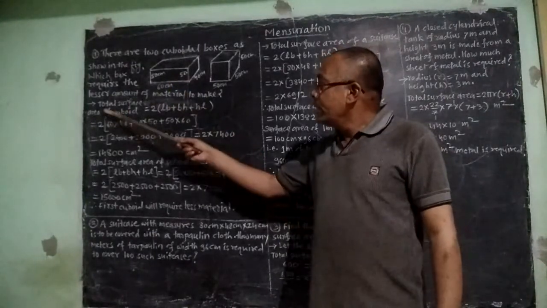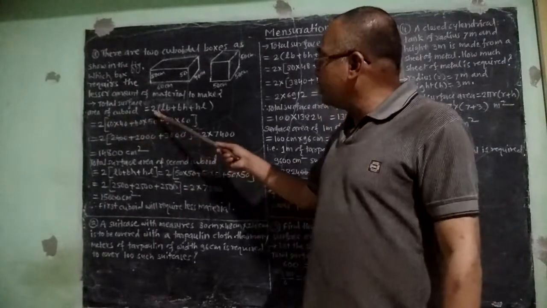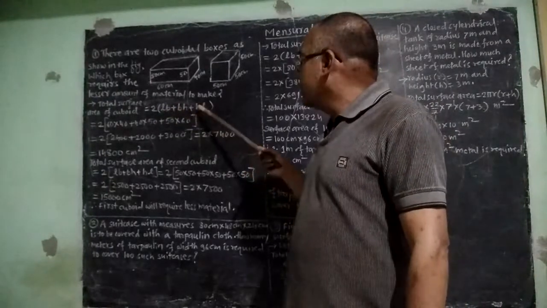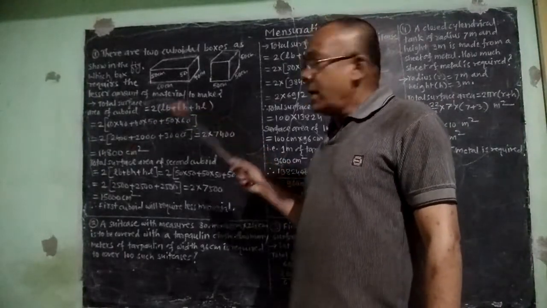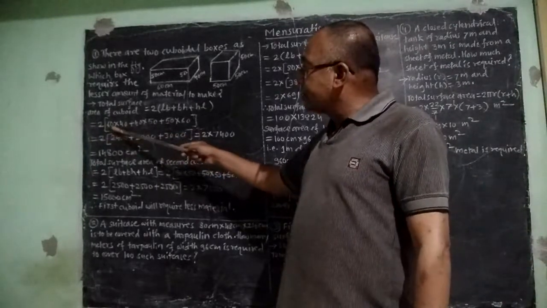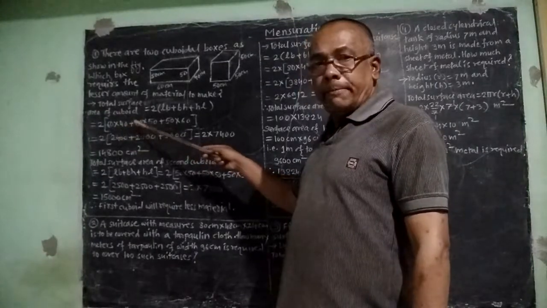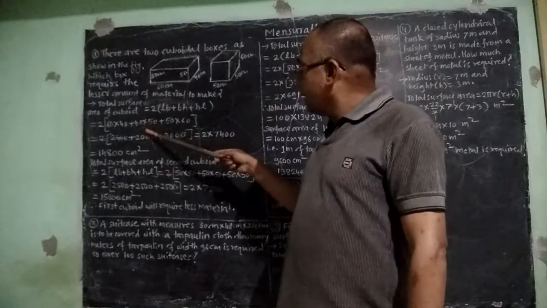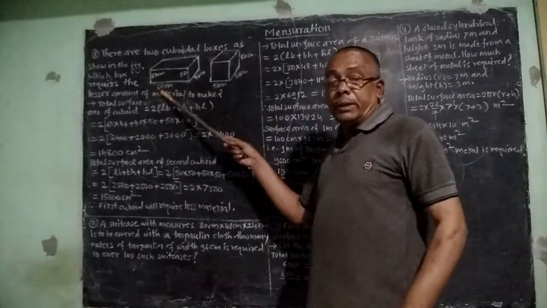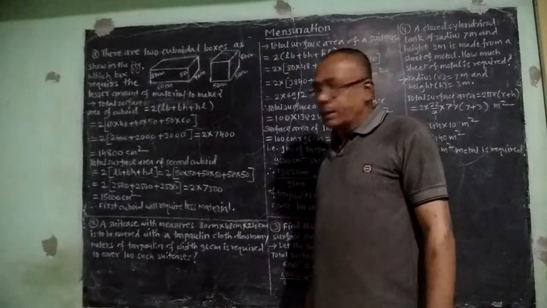So it is total surface area of first cuboid, that is equal to 2 into LB plus BH plus HL, and that is equal to 2 into bracket 60 into 40 plus 40 into 50 plus 50 into 60, where length is 60, breadth is 40 and height is 50 centimeter.